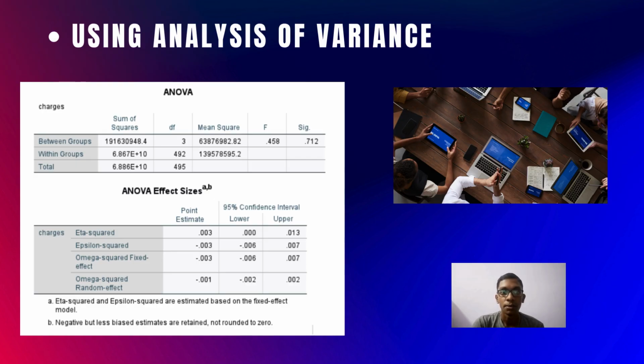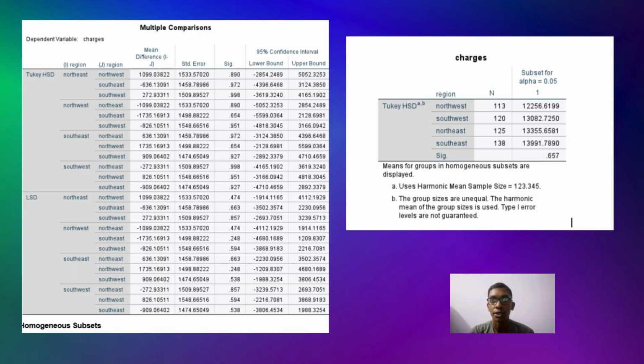Furthermore, the other metrics like epsilon squared and omega squared hover around 0 or even show slight negative adjustment, confirming that the actual effect of grouping on charges is practically non-existent. For a difference to be considered statistically significant in this study, we are looking for a value less than 0.05.